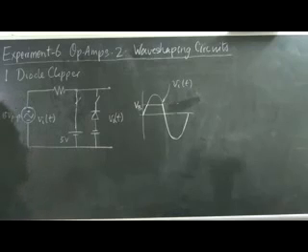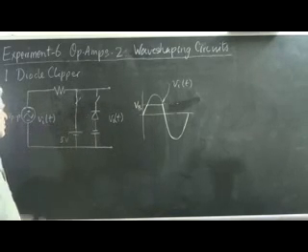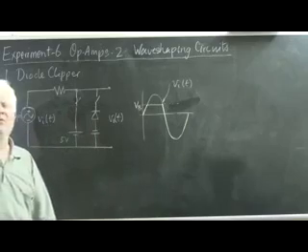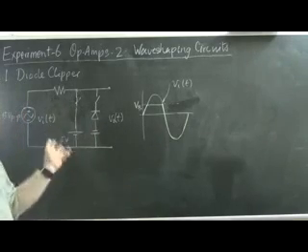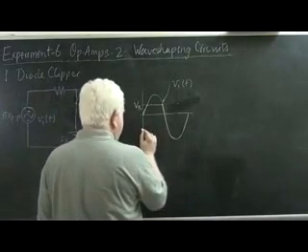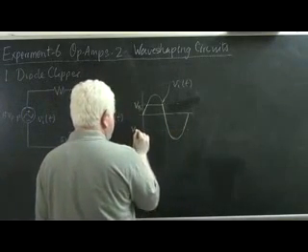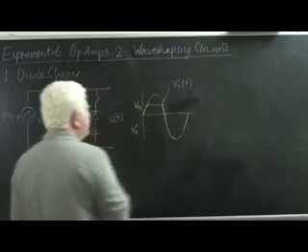The lower side diode clipper involves another battery and a diode turned in the opposite direction, both turned in the opposite direction. So this battery is set at some VB dash, which let us say is at this level, VB dash.